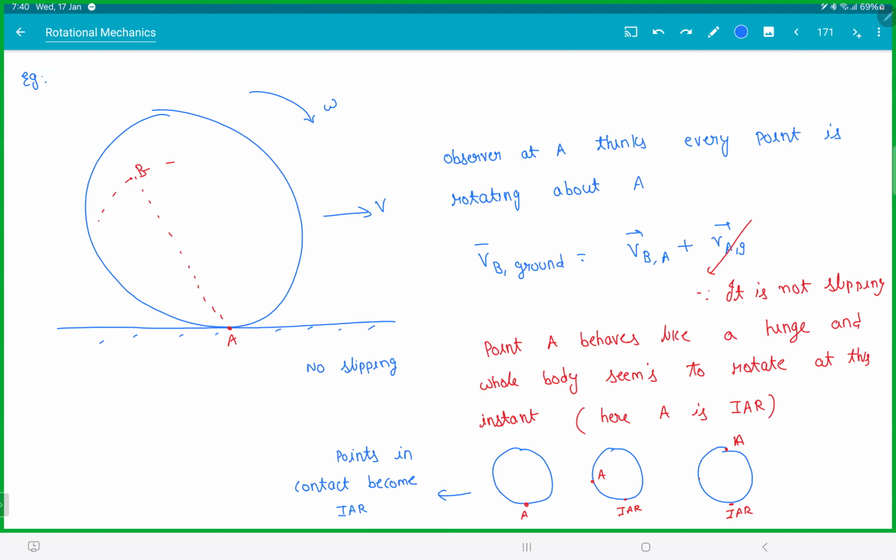Please have a look at this page. Clear? Now see how this is useful.